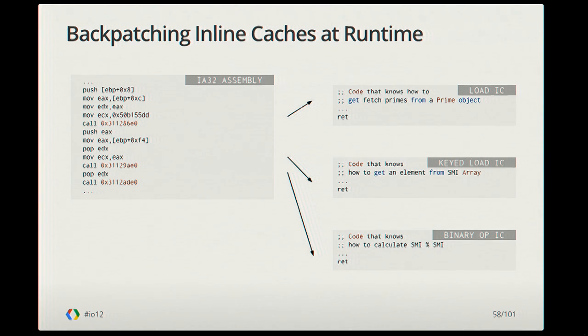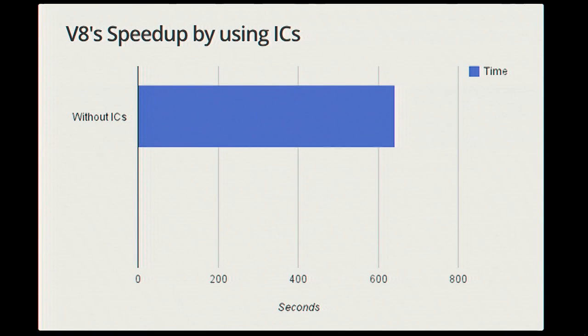And you'll see that all each of the ICs are is specialized code that knows how to do the specific operation for a given set of object types that are input. This makes a big difference in performance. And this is why you need to understand how some of this stuff works with hidden classes.